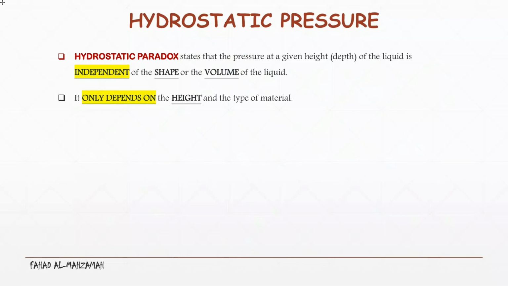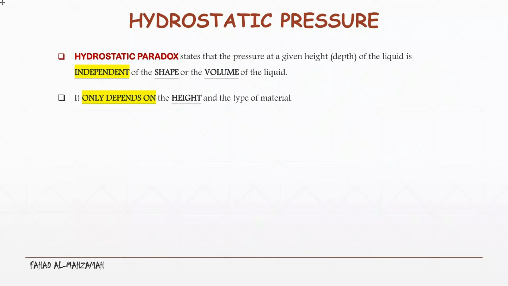And we'll see an example in the next slides. So the pressure at a given height or depth of the liquid, if you have the same liquid with a specific height, is independent, meaning the pressure at this point has nothing to do with the shape or volume of the liquid in the tank.